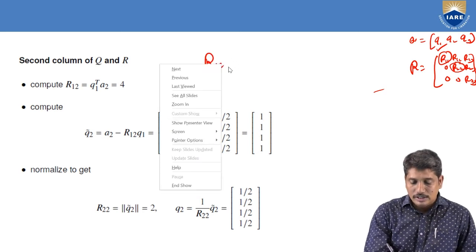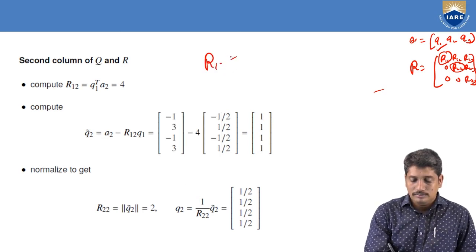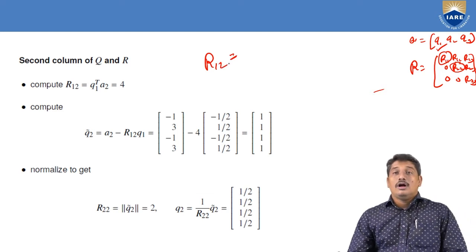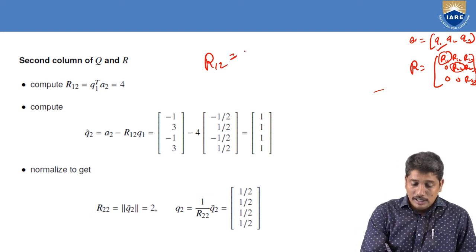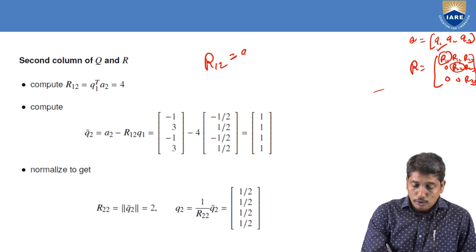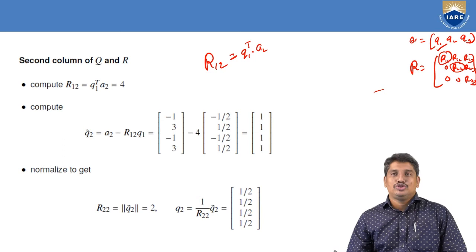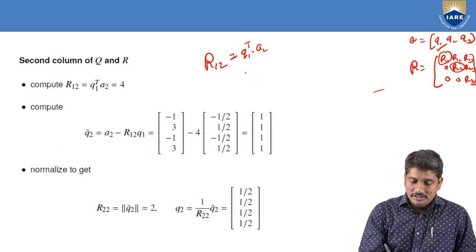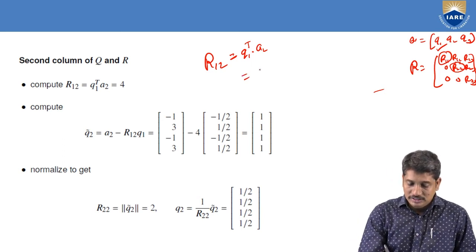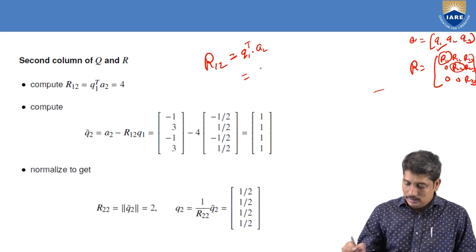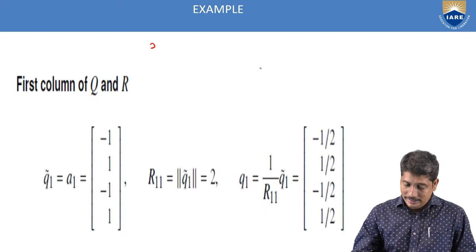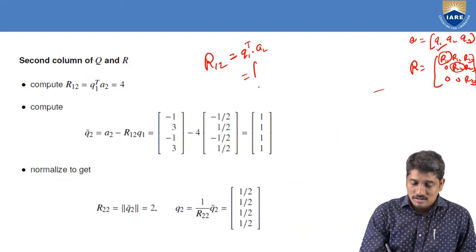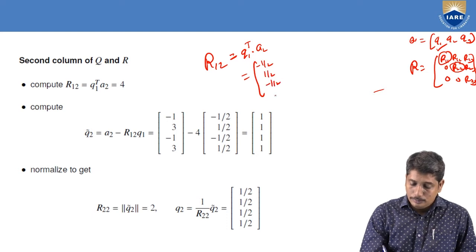R12 is calculated with the help of the Gram-Schmidt formula: R12 is q1 transpose dot a2. Let us take what q1 is. Just now we have obtained q1 as minus 1 by 2, 1 by 2, minus 1 by 2, 1 by 2.